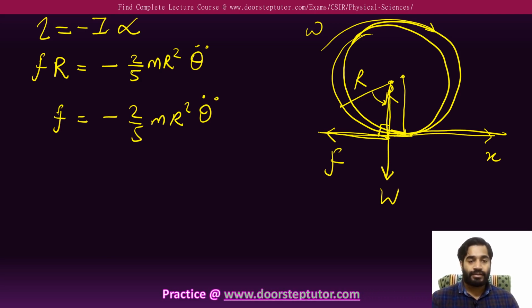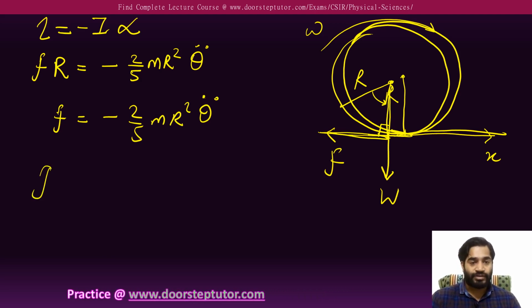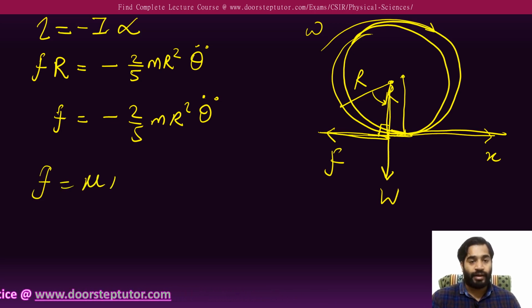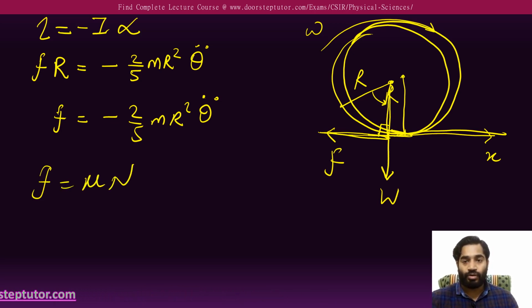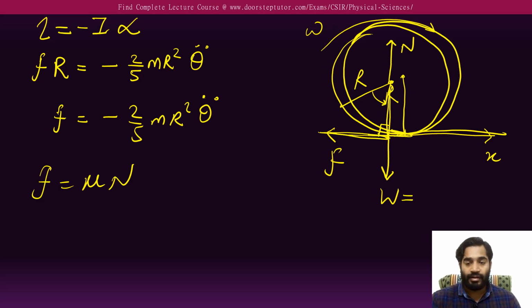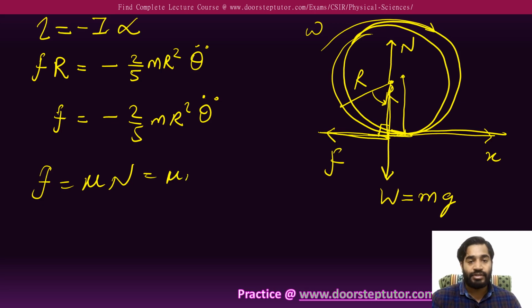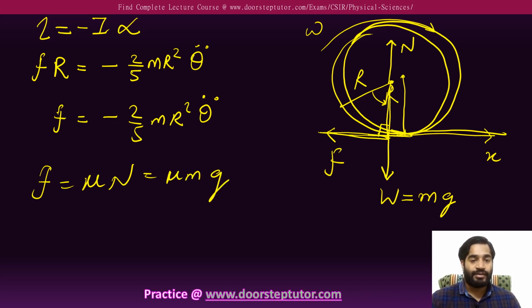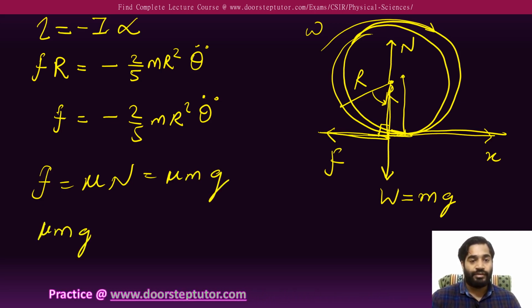Now what is F, the frictional force? Frictional force we know is mu times N, and N is always normal, always upward. So N equals W, and W equals mg. So the frictional force is mu mg.